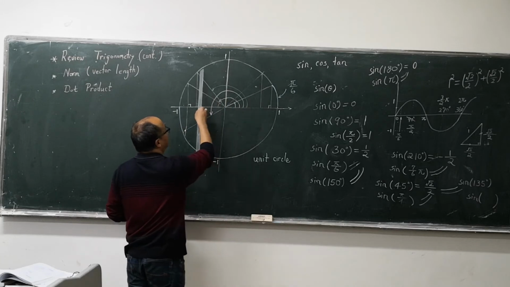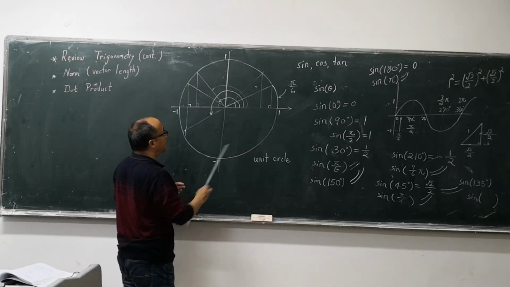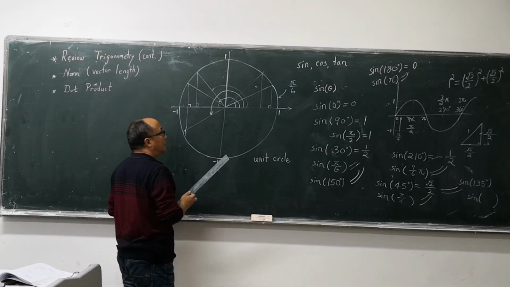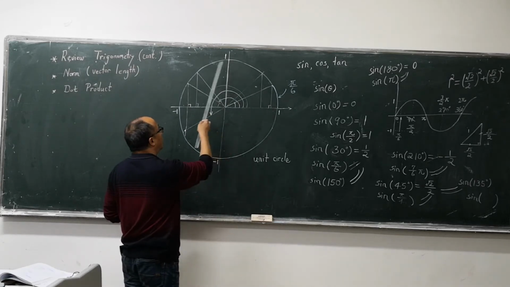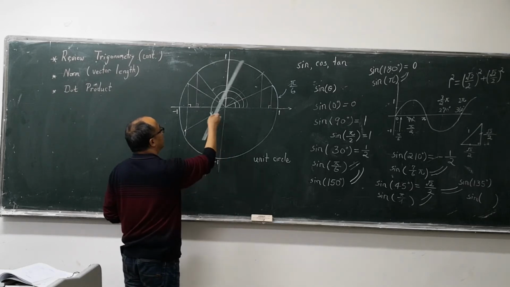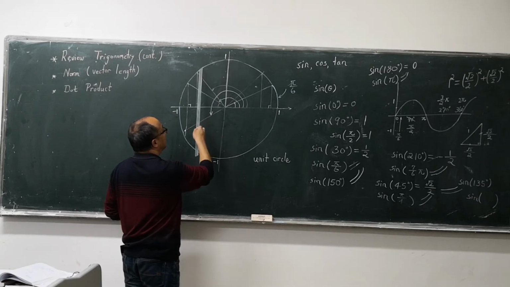From here to here, how long is the arc? To here is a half pi.